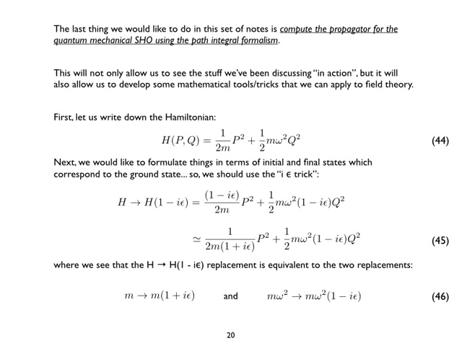That means both of these terms are going to be shifted by minus i epsilon. But I can simplify things a little bit by using the fact that this is small, so I can rewrite this as 1 plus i epsilon in the denominator.